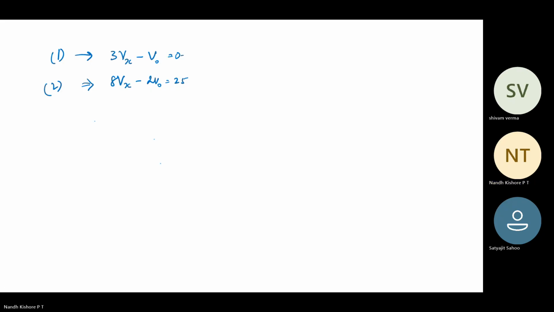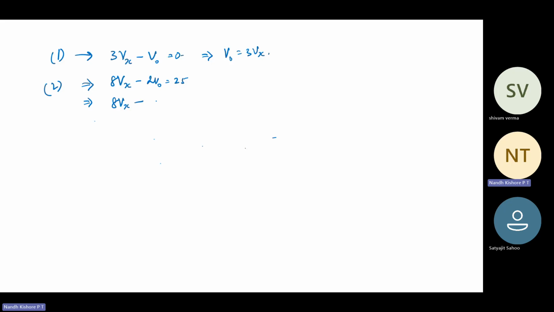From the first equation, you can write V naught equal to 3Vx.